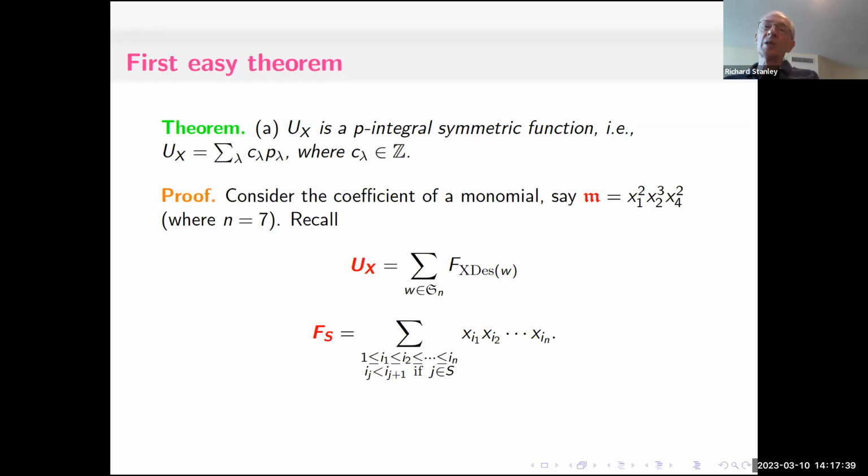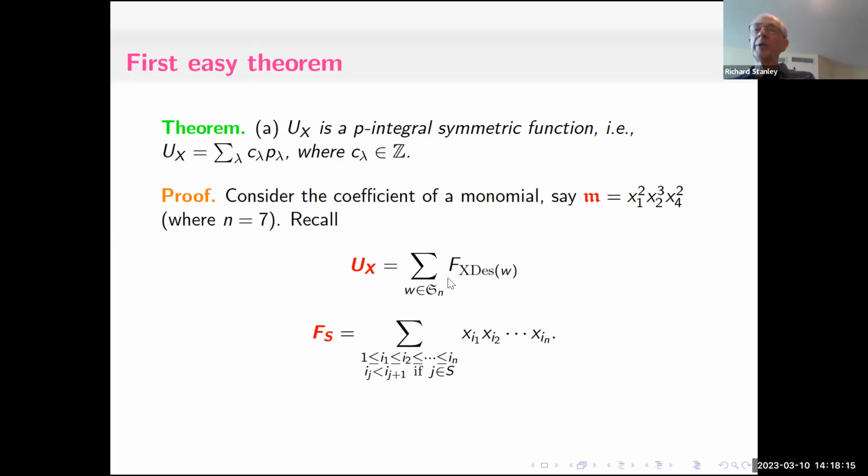Let me explain with an example why it's going to be a symmetric function. Assume n equals 7, and look at the coefficient of the monomial x1 squared, x2 cubed, x4 squared. When this monomial appears in one of these quasi-symmetric functions, I would like to pair it with some quasi-symmetric function where the monomial appears when you interchange 1 and 2 in these indices.